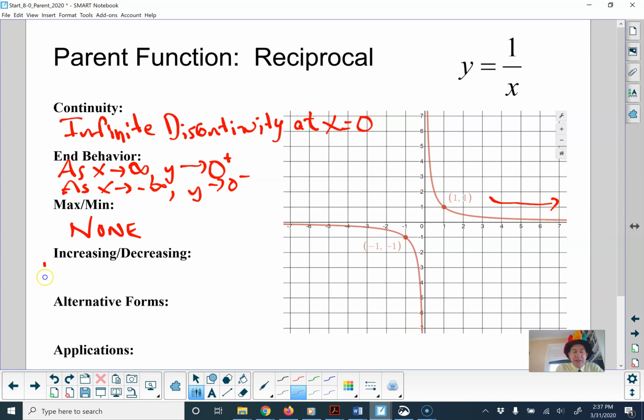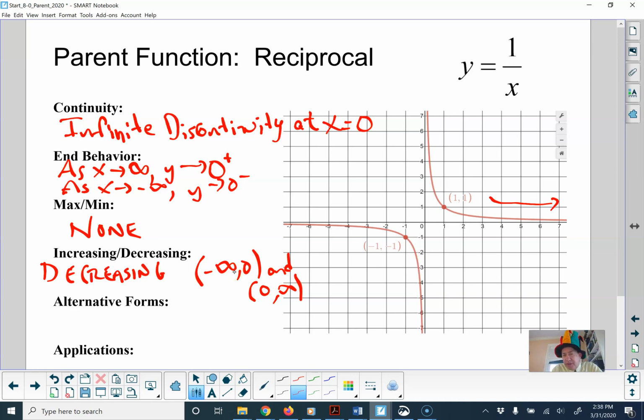So it is decreasing from negative infinity to 0 and from 0 to infinity. And it's discontinuous in the middle. It's discontinuous at 0, so that breaks it up.